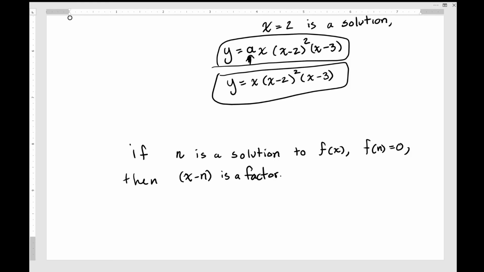This is a theorem. I can't remember the name of this theorem, but use this theorem to come up with factors for your polynomials.